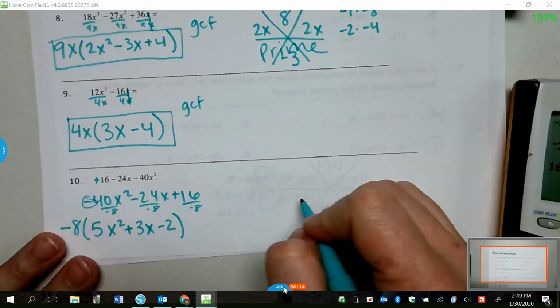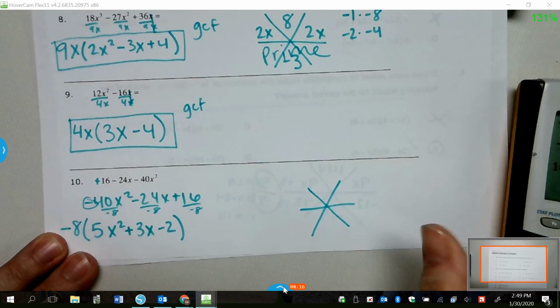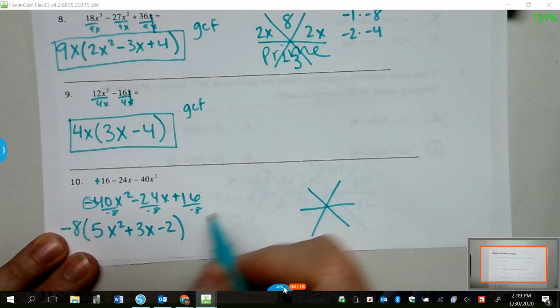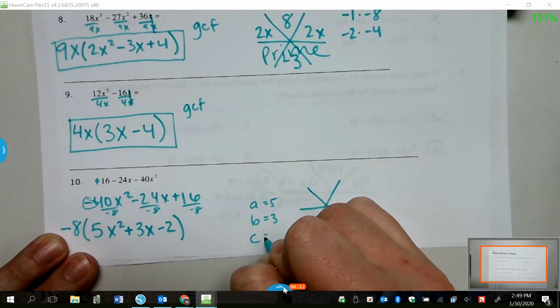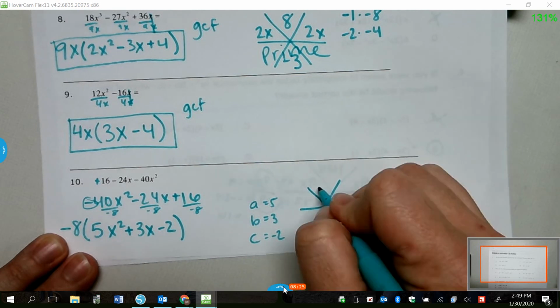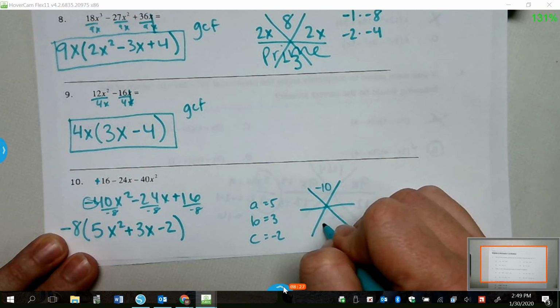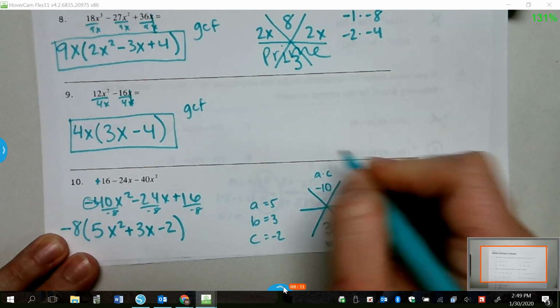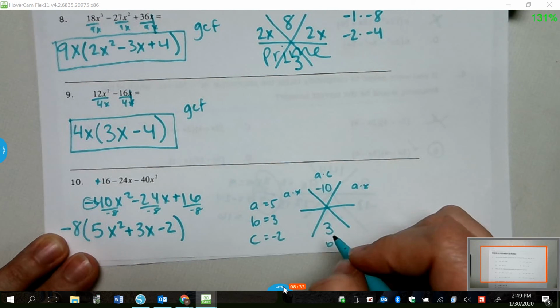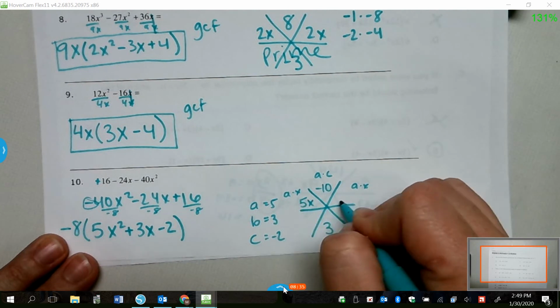Now I can try to factor the inside, since it's got a quadratic. So 5 times negative 2, so a is 5, b is 3, c is negative 2. So a times c is negative 10, b is 3, because remember a times c, b, ax, ax. Okay, so 5x, 5x.